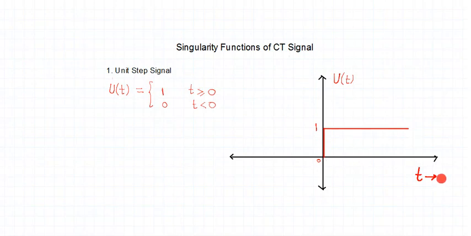So the signal remains 1. It is an infinite signal whose magnitude remains 1 for all the positive time instants, and it remains 0 for all the negative time instants, right? Such a signal is called a unit step signal, right? We denote the signal by U of t.